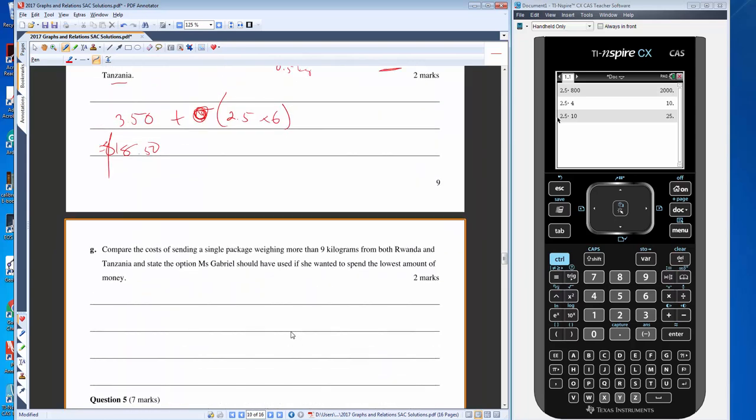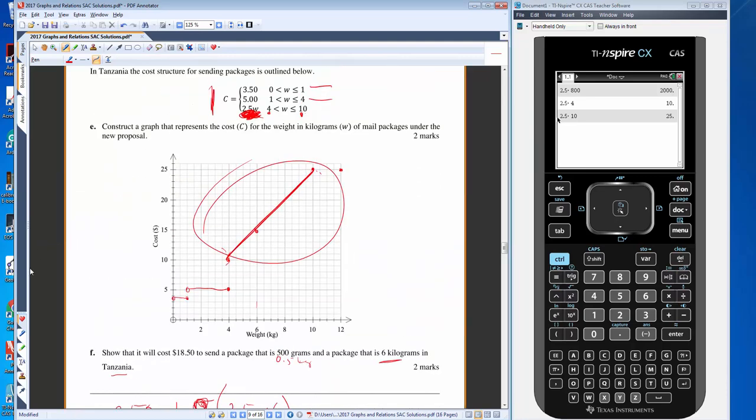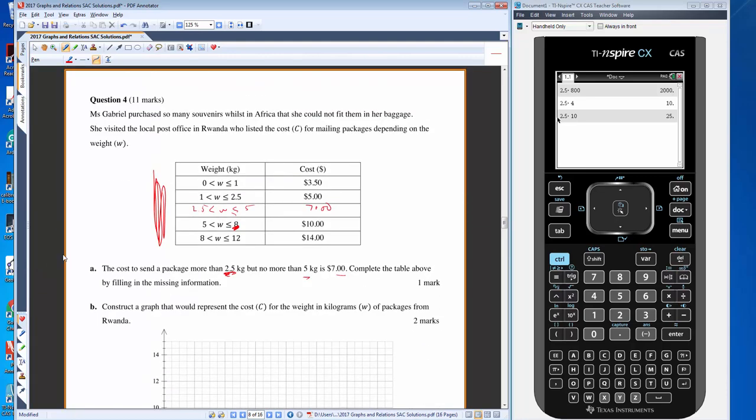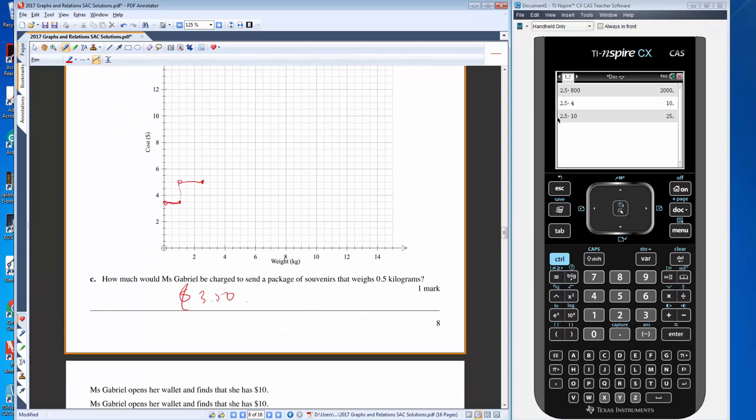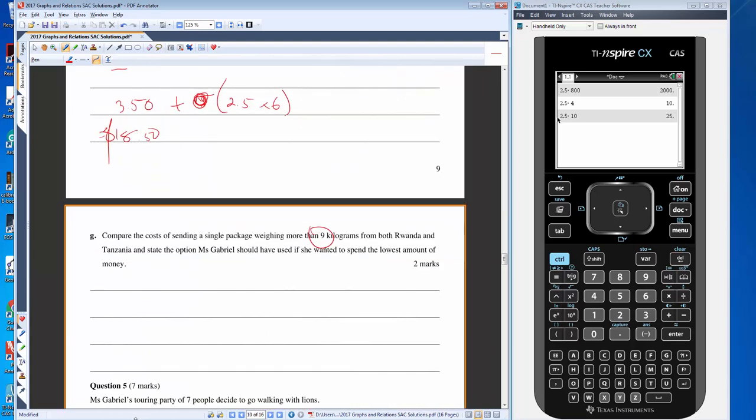Alright, so we're comparing 9 kilos or more than 9 kilos from Rwanda and Tanzania. So what we're going to do is sub 9 exactly into both of them, and then compare the amounts. Okay, so 9 into Rwanda would have been $14. So you just needed to identify that.